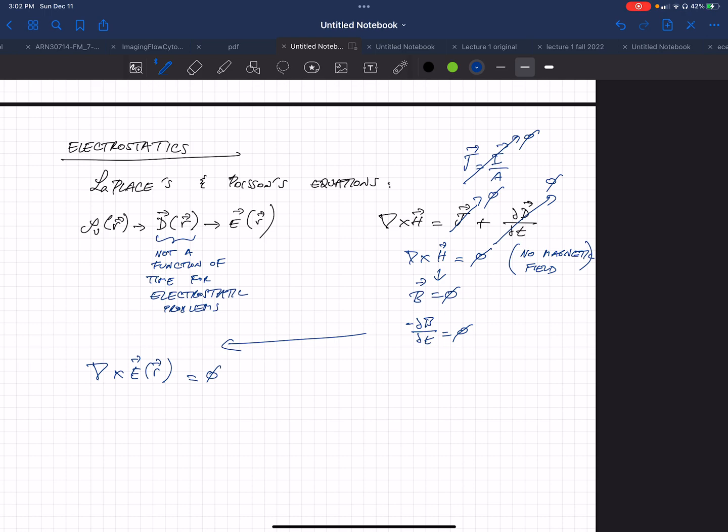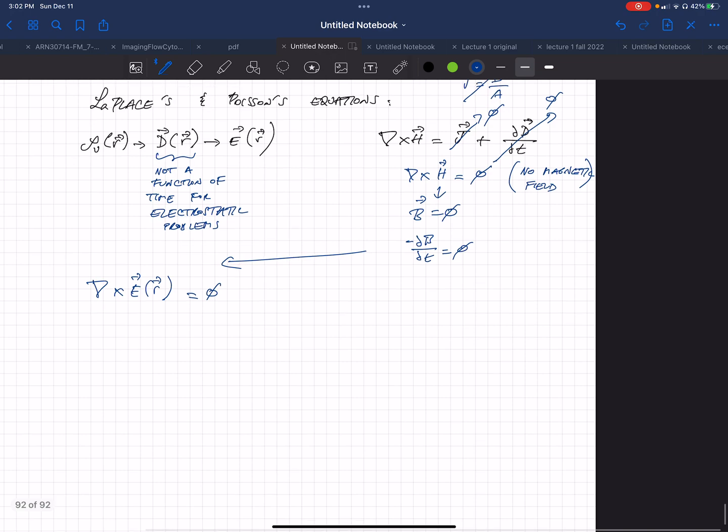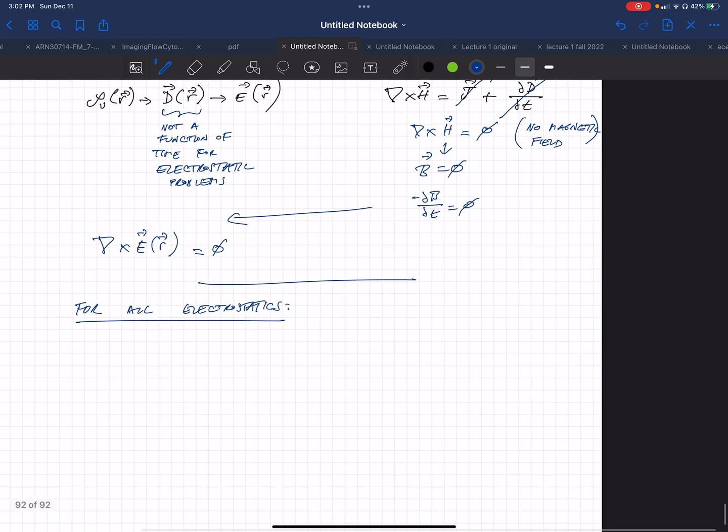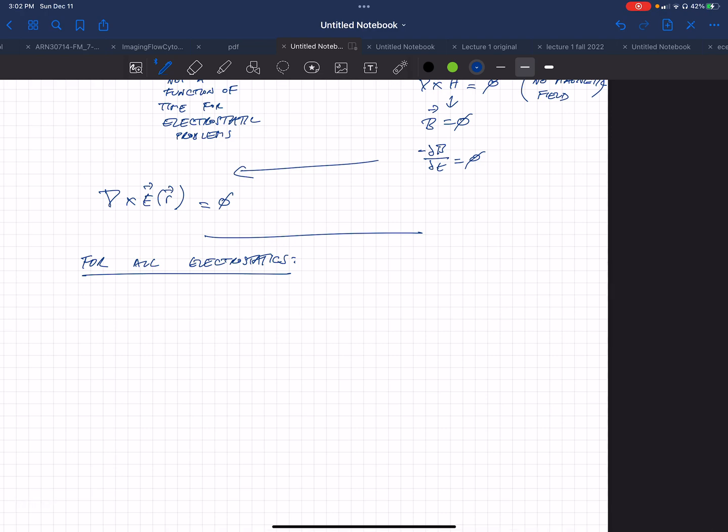So basically, for all of electrostatics, instead of needing all four of Maxwell's equations, we just need to solve two equations. The first one is the one we just wrote: del cross E is zero, and the other one is the divergence of the electric flux is equal to the charge density function of r.